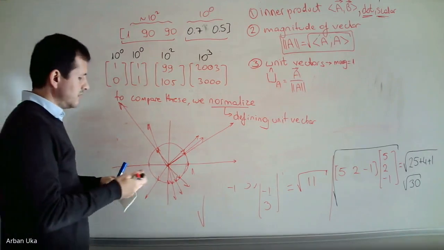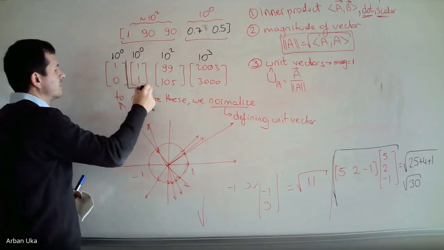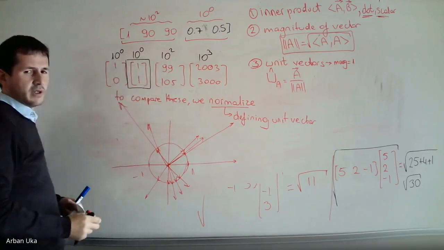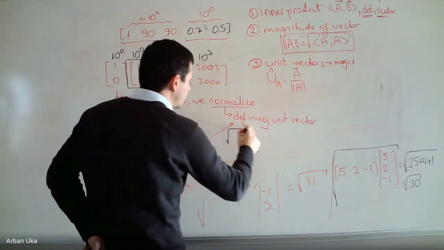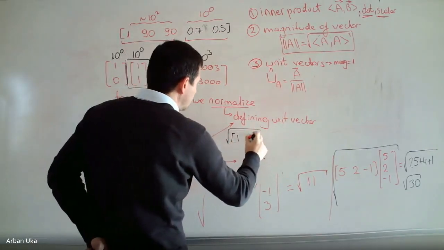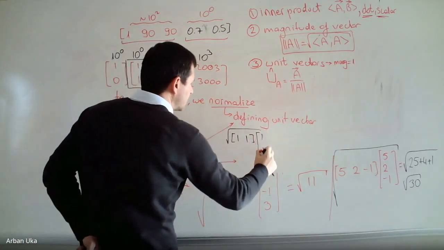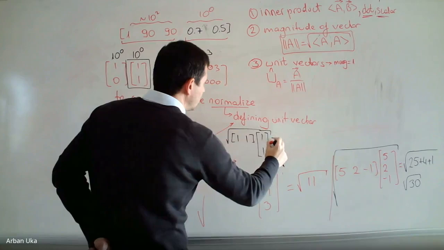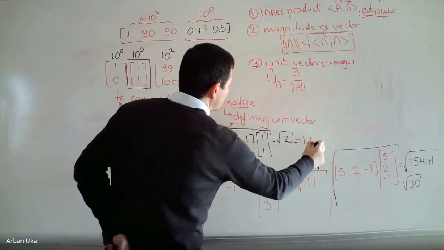As a fast reminder, let's try to find the magnitude of this vector 1, 1. How do we do it? We say this is the square root of the vector 1, 1 transposed, multiplied by the vector itself 1, 1, and this would be equal to the square root of 2, which is equal to 1.4.